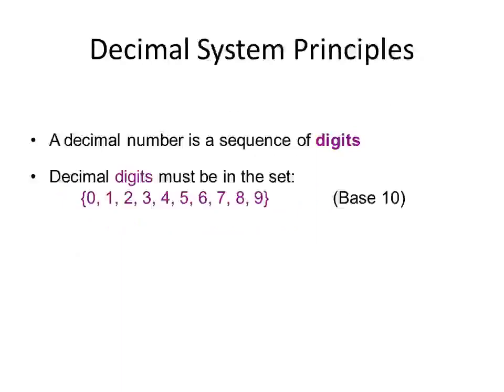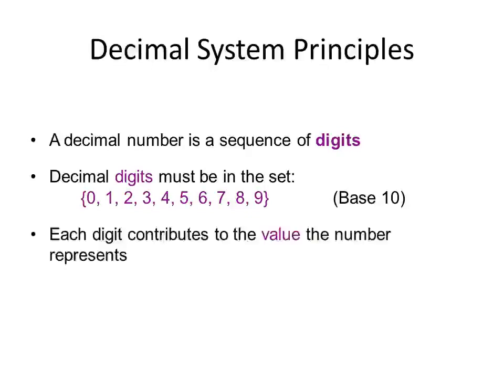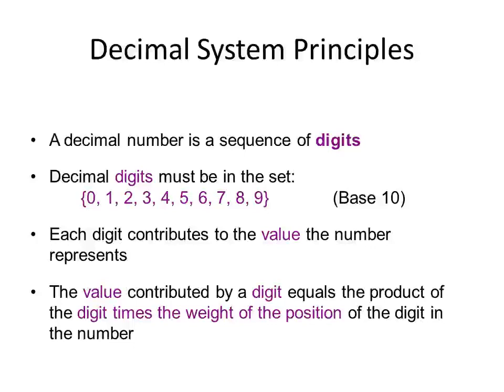A decimal number is a sequence of digits. The single unit, the smallest unit of a decimal number, is known as a digit, and its base is 10. Each digit contributes a value to the number. The value contributed by a digit equals the product of the digit times the weight of the position of the digit in the number.